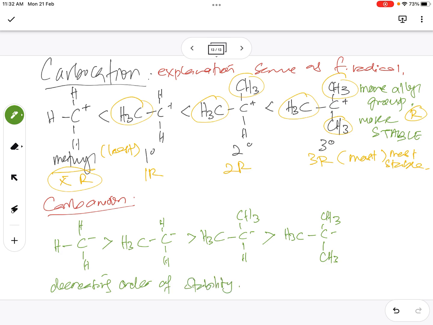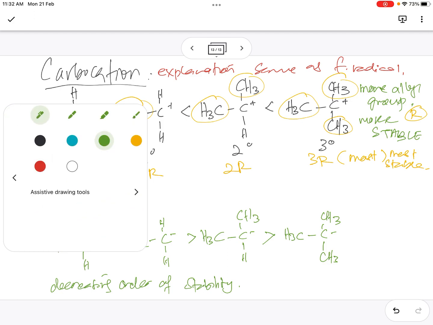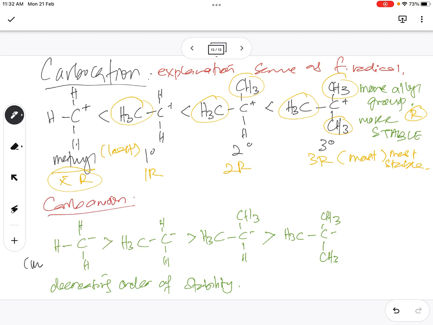Kalau anda tengok decreasing order of stability, you find that methyl carbanion is the most stable, while the tertiary carbanion is the least stable.